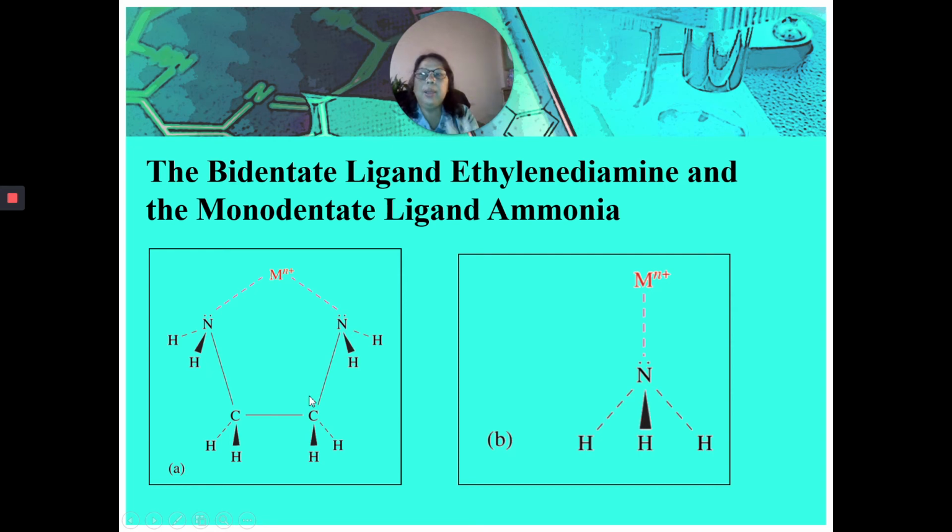Ethylene is made up of carbon and hydrogen. It is a type of hydrocarbon. So the ethylene here refers to this. Okay? This is actually a double bond.